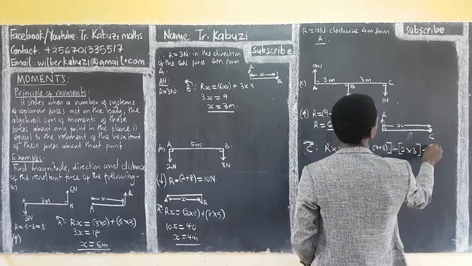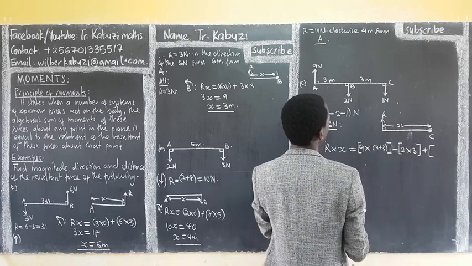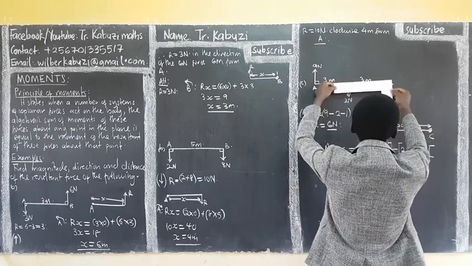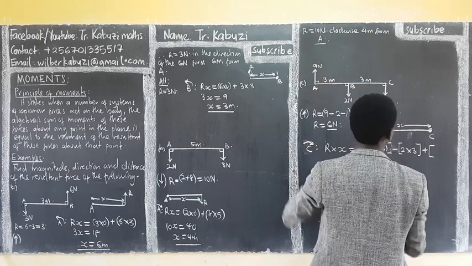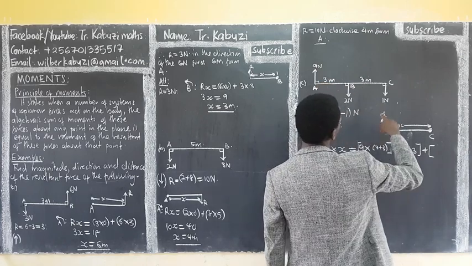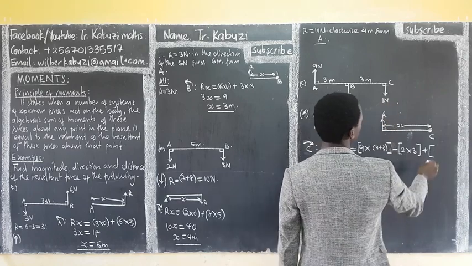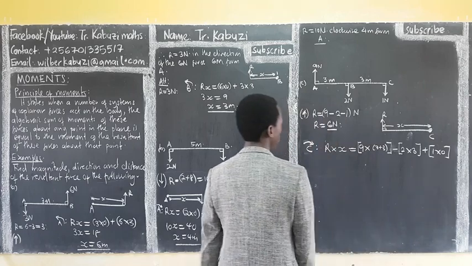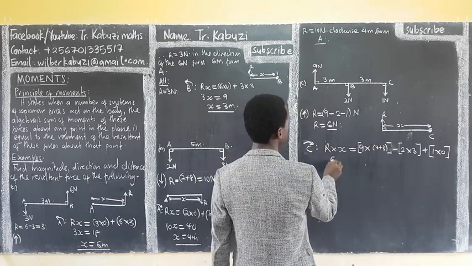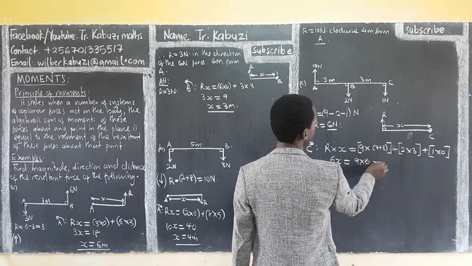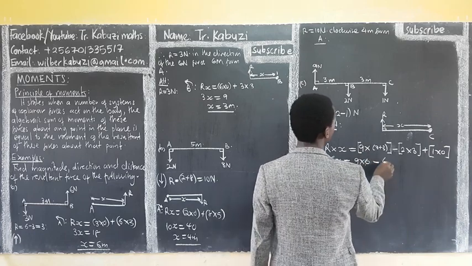Then plus 1, this perpendicular distance about C is going to be 0. So our R is 6x equaling 9 times 6, then minus 6.